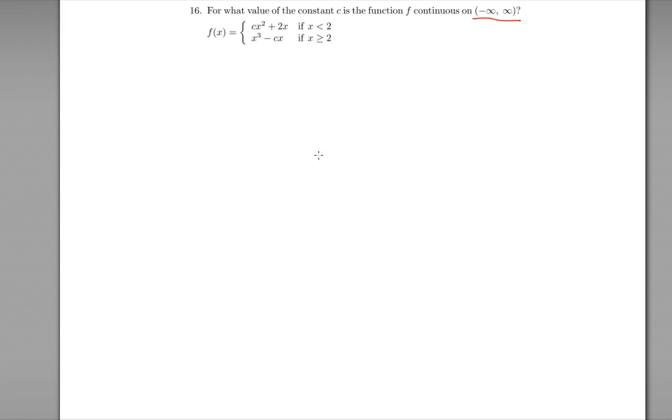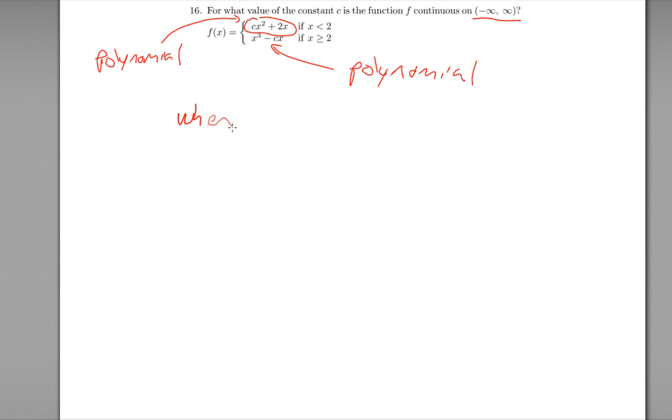However, look at the way that these functions look. Whenever x is less than 2, this is what the function is. This is a polynomial. This one, also a polynomial. So as long as x does not equal 2, we have two polynomials. So when x does not equal 2, f of x is a polynomial.